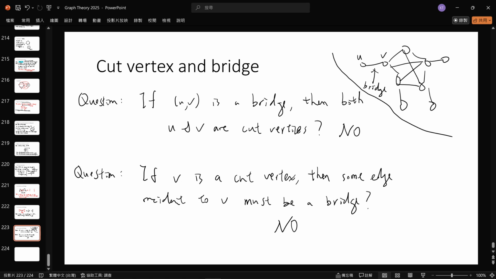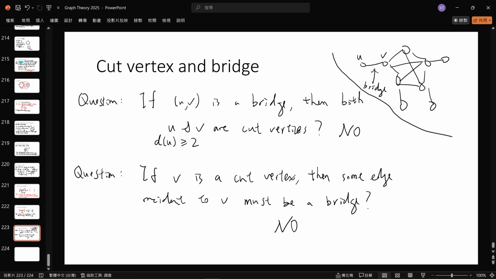But if I add more constraints to this bridge, or on these two endpoints, then the answer will be yes. The constraint that I'm going to add is that the degree of U is at least 2. If the degree of U is at least 2, this means U has one more neighbor.